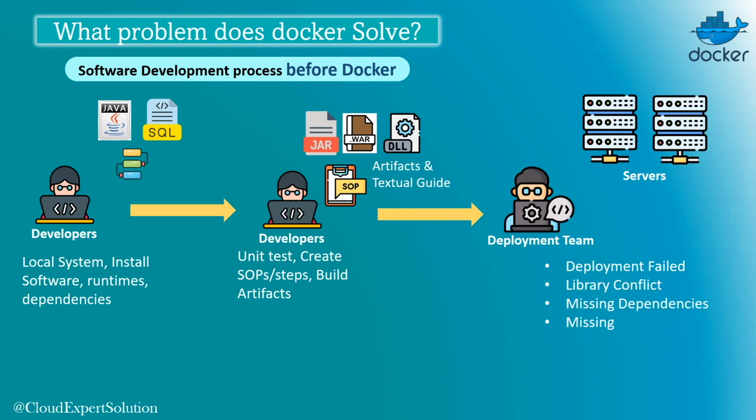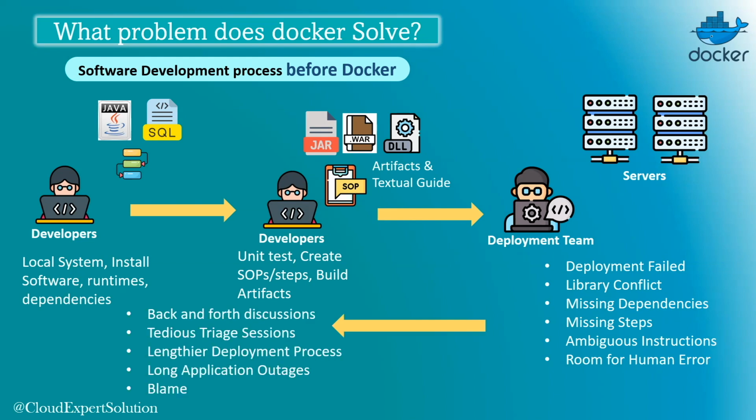Most of the time, we observe the deployment fails because of one or many reasons like library conflicts, missing dependencies, missing steps, ambiguous instructions, or even missing components. This will trigger back and forth discussions between the development team and the deployment team.